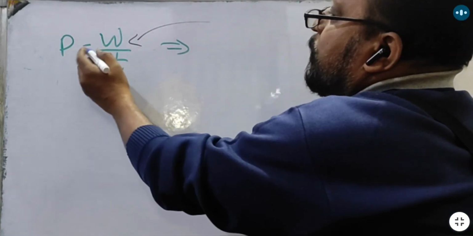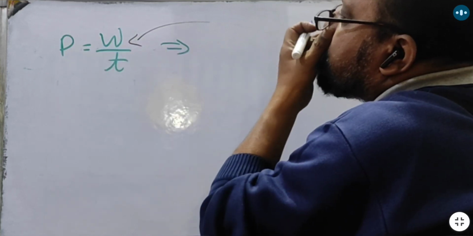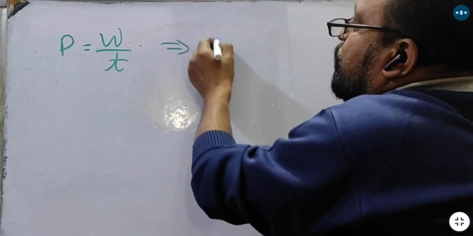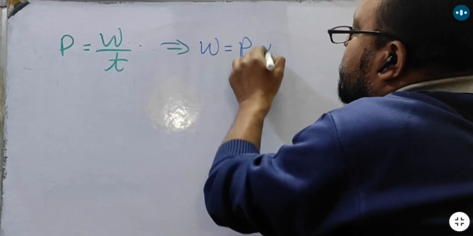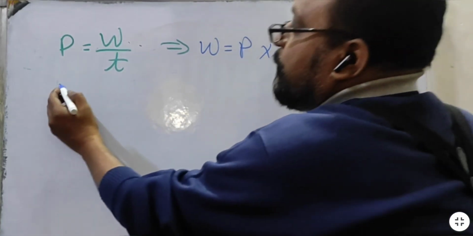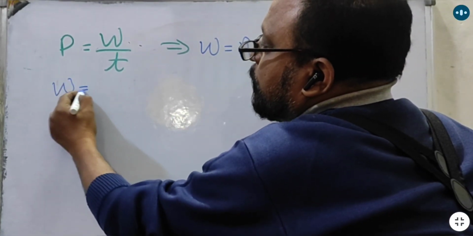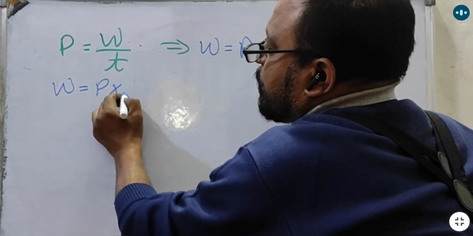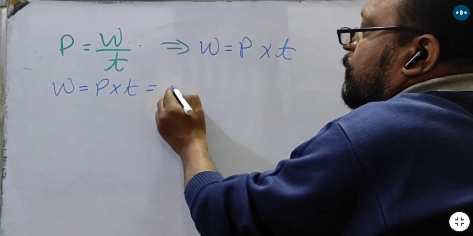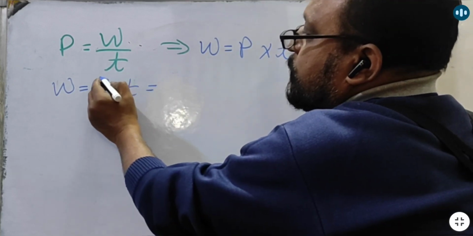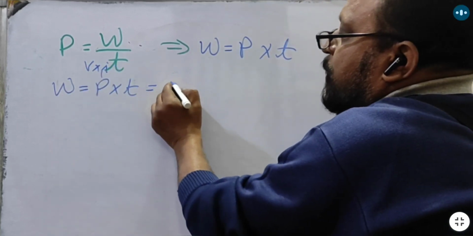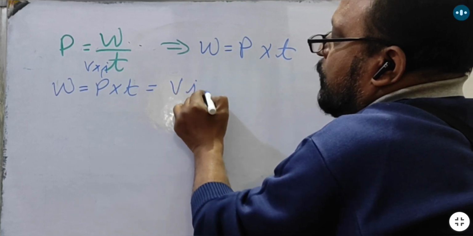Now you told me that P is equal to W upon T. So we can write W is equal to P into T, right? So in place of P, P can be written as V into I. So it can be VIT, right?